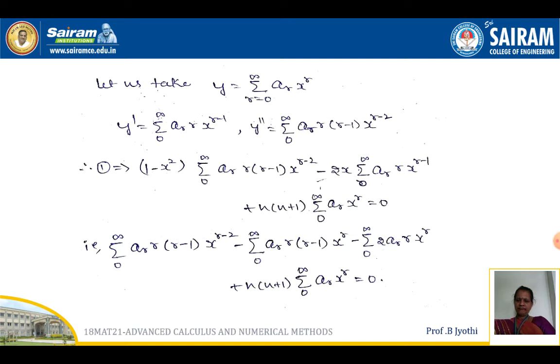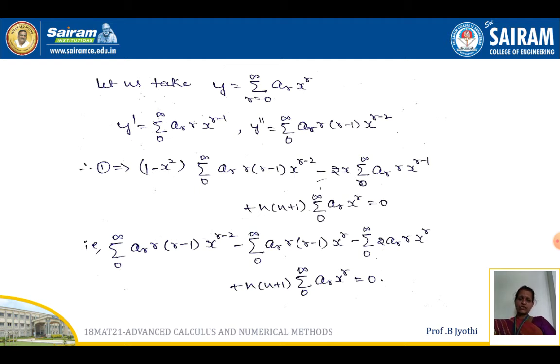Now we will take this 1 minus x square in the previous equation inside the summation, that is, we multiply it. Then what happens? The first term will be a_r into r into r minus 1 x power r minus 2 minus, when we multiply x square to x to the power of r minus 2, it becomes x power r only, and it is a_r into r into r minus 1 x power r, minus 2 times a_r r, again x is multiplied to x power r minus 1, it becomes x power r.